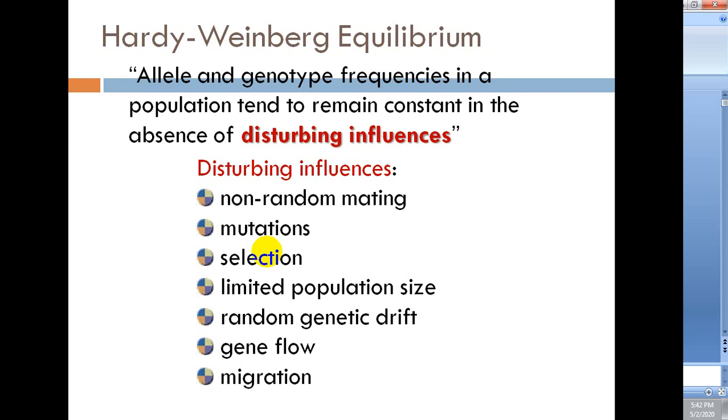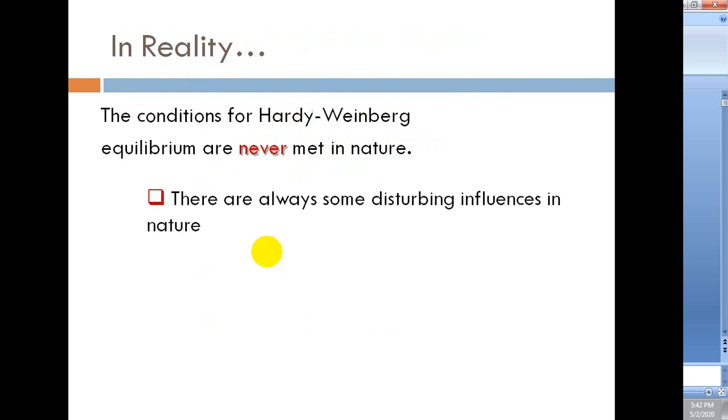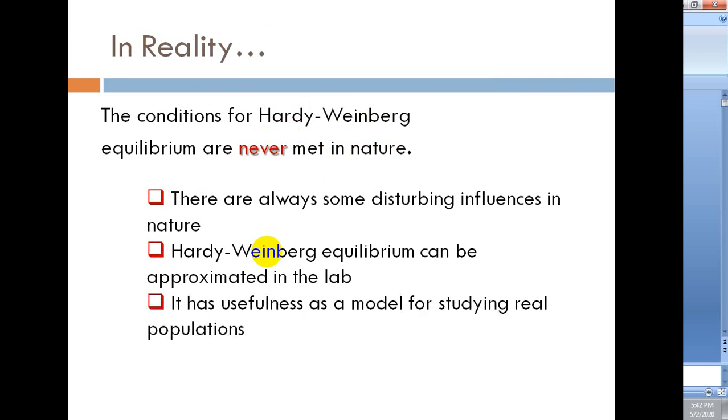But in nature, the conditions of Hardy-Weinberg equilibrium are never met, because there are always some disturbing influences in nature, and Hardy-Weinberg equilibrium can only be approximated in the lab. It has usefulness as a model for studying real populations.